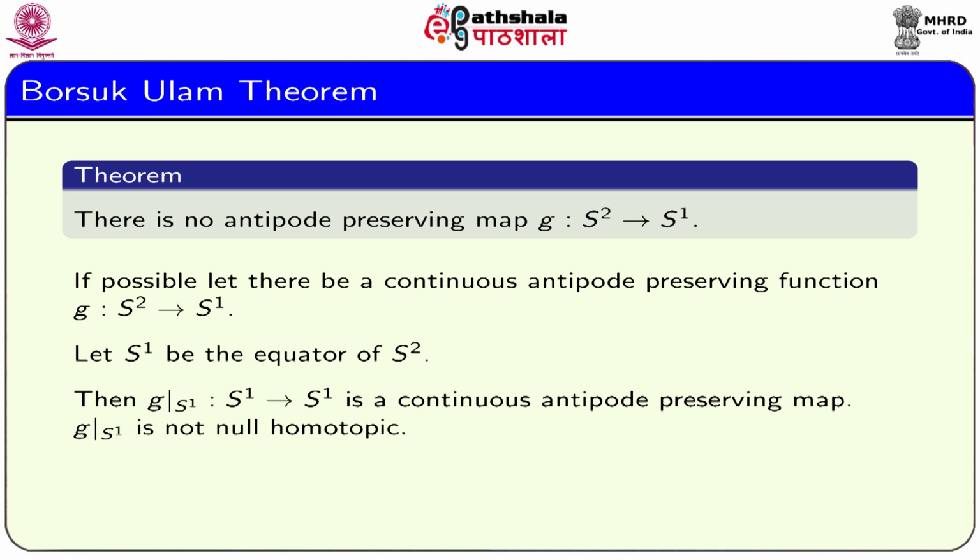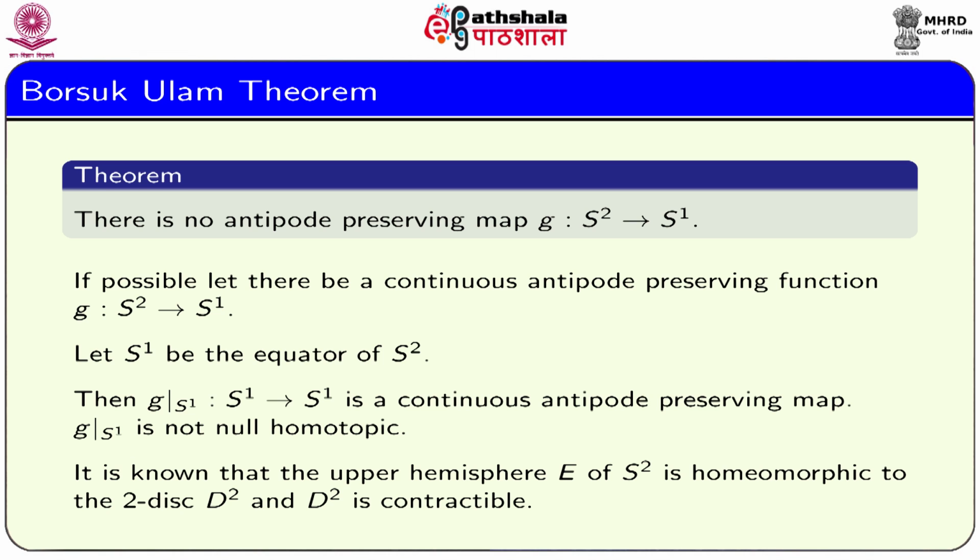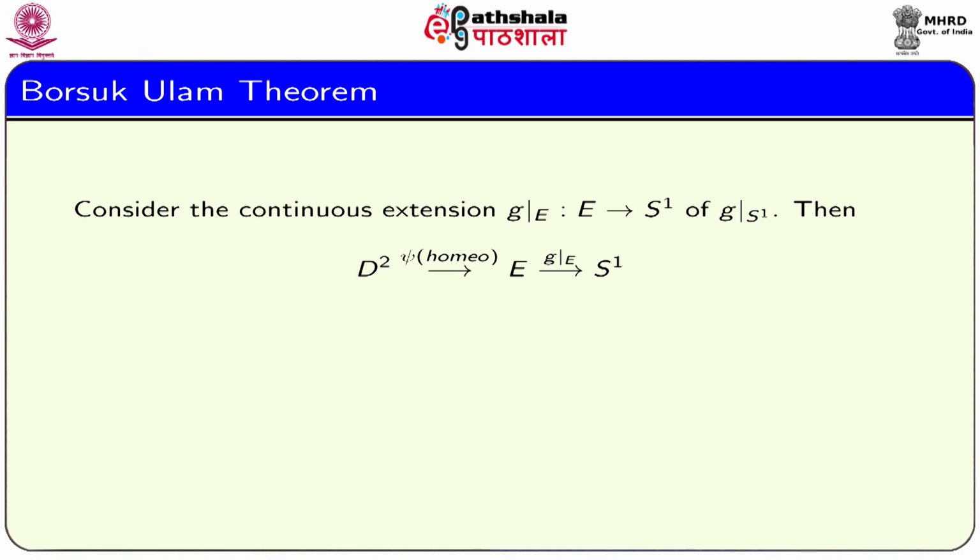Then G restricted to S1 is a continuous antipode preserving map. G restricted to S1 is not null homotopic. It is known that the upper hemisphere E of S2 is homeomorphic to the 2 disk D2 and D2 is contractible.